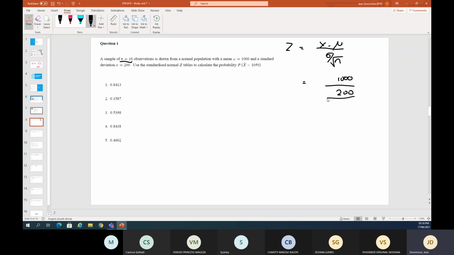And we know it is divided by the square root of 16. Use the standard normal Z tables to calculate the probability that X is bigger than 1050.